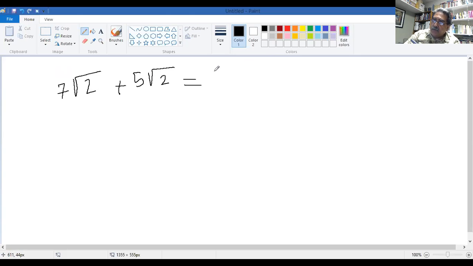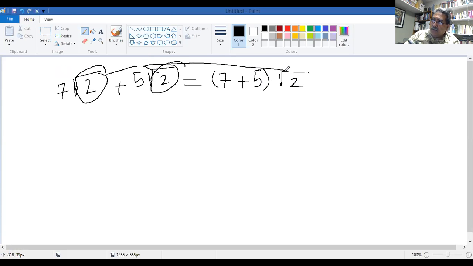This is the same as 7 plus 5 times square root of 2. What I did was I took this square root and this square root, factored it out here, and I just add 7 plus 5 here. So this is equal to 12 square root of 2.